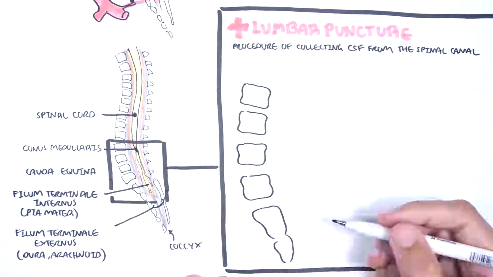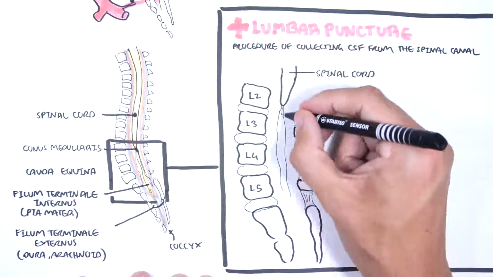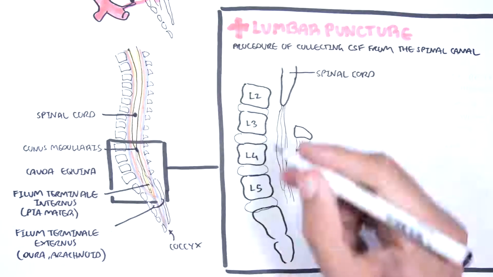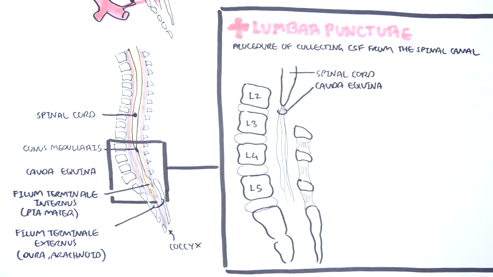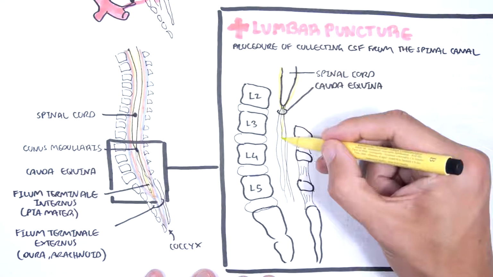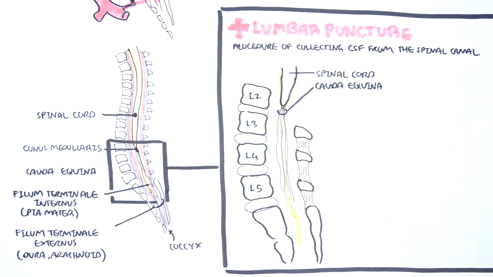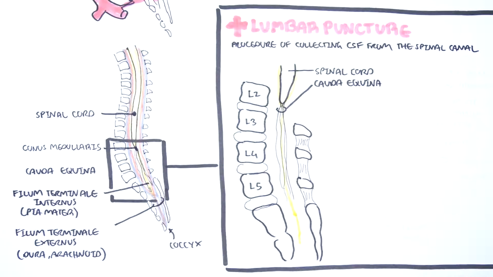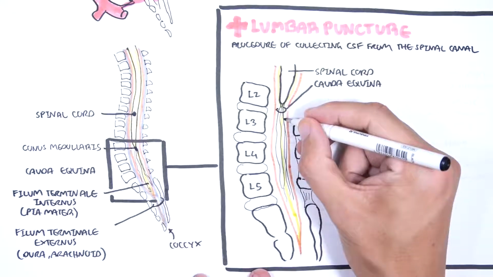This is a zoomed section of the lumbar region, L2, L3, L4, and the L5 vertebra. The spinal cord ends again about the L2 vertebral level. Then you have the continuing cauda equina, the horse's tail. The pia mater ends and continues as the filum terminale internus inferiorly. The cauda equina is within the arachnoid space, floating around.